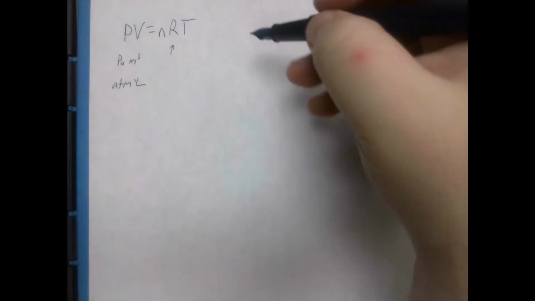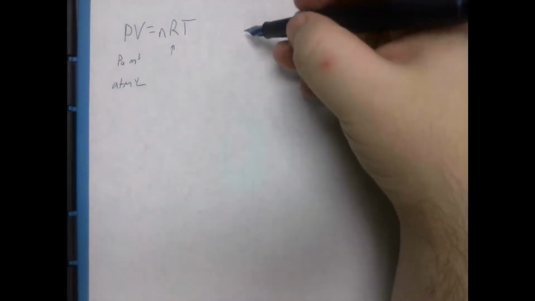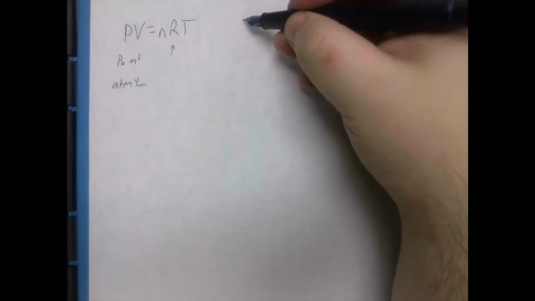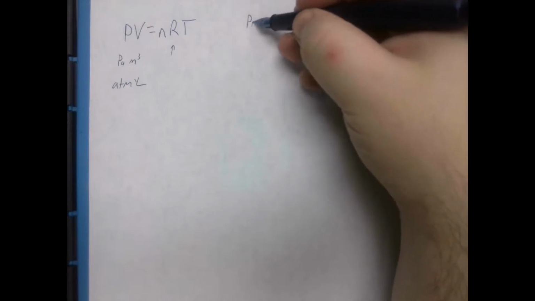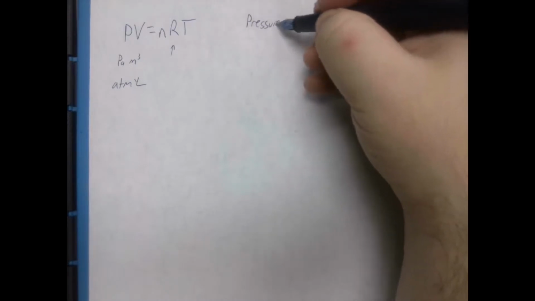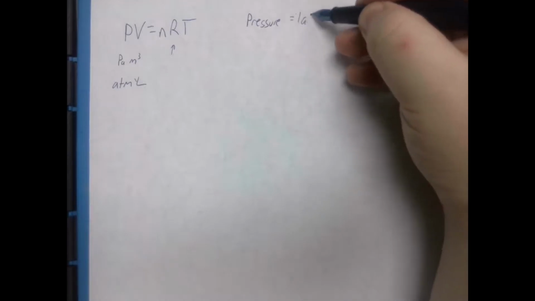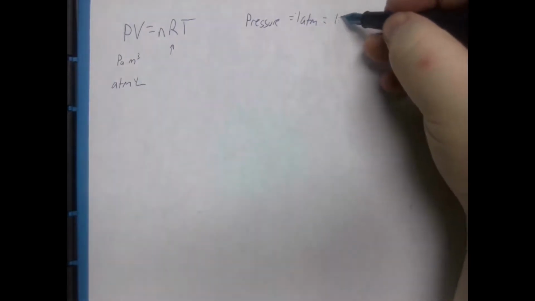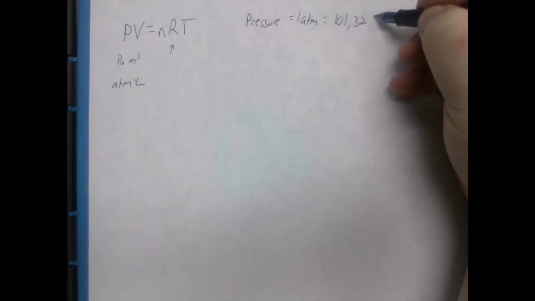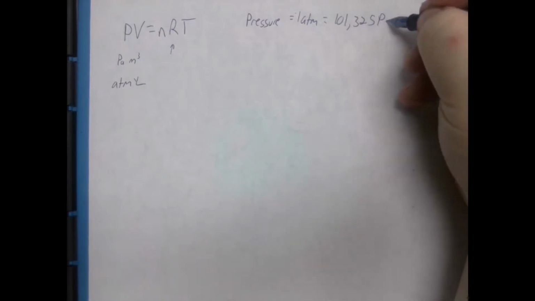So let's suppose that your pressure is 1 atmosphere, which is equal to 101,325 Pascal.